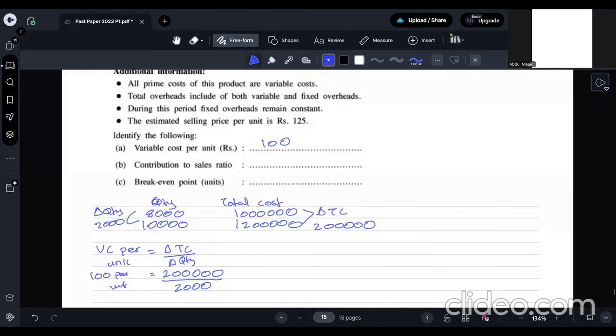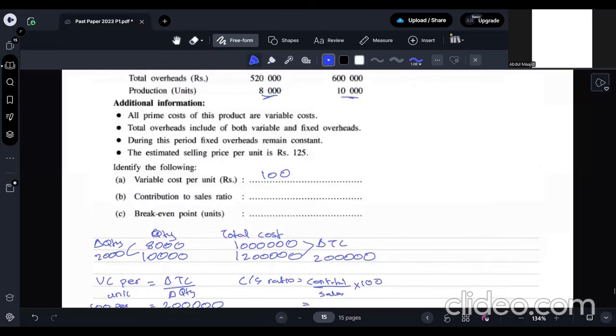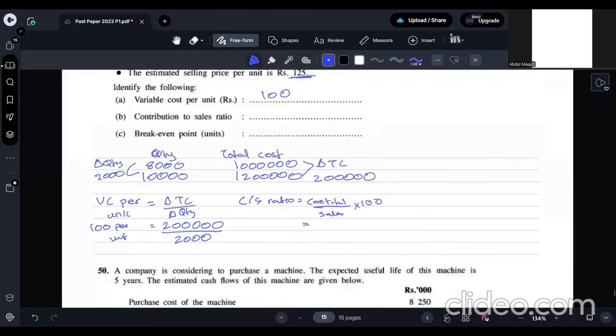Then contribution to sales ratio. C/S ratio equals contribution divided by sales into 100. So contribution per unit. Now here, estimated selling price is 125. How much will be the contribution?